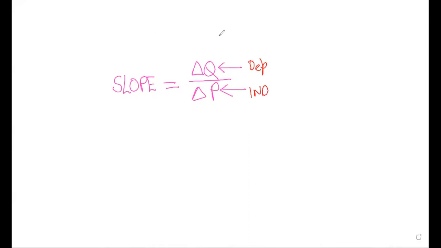We said that the slope is basically the change in the dependent variable due to change in the independent variable, right? And if price is the independent variable or the reference variable, we could put income here if we wanted, that doesn't matter. So this is what the slope becomes, right?